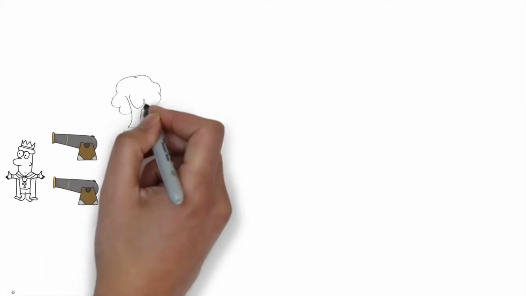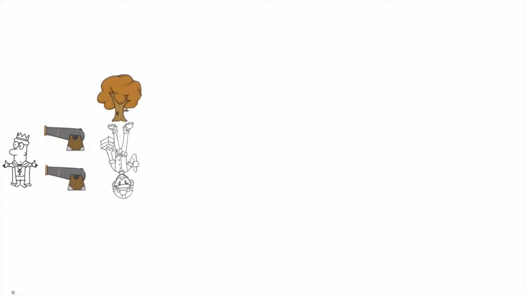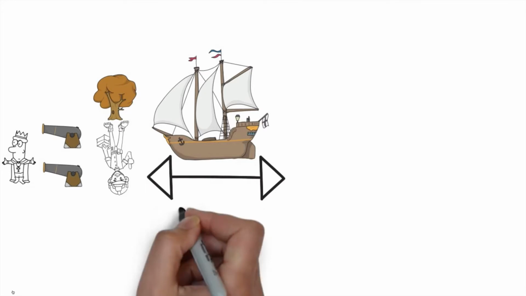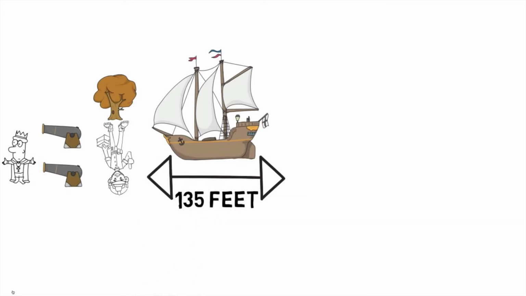Henrik told the king that in order to enlarge the Vasa, they would have to use wood that was reserved for another ship. The king approved the change, and Henrik agreed to enlarge the ship to 135 feet. But it would probably have been simpler to cut down a new forest instead of stealing resources from another project.